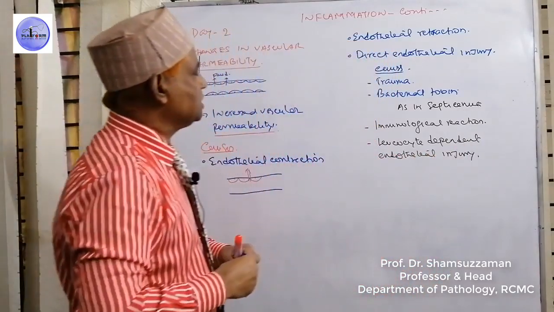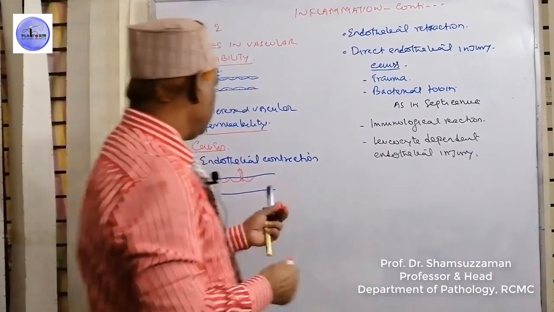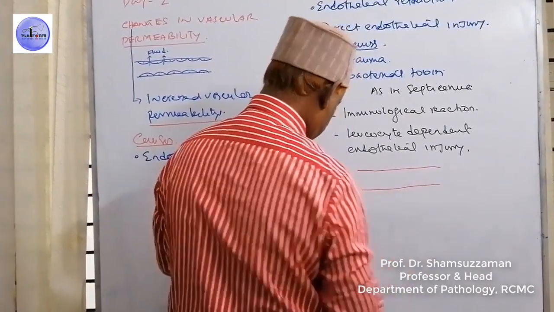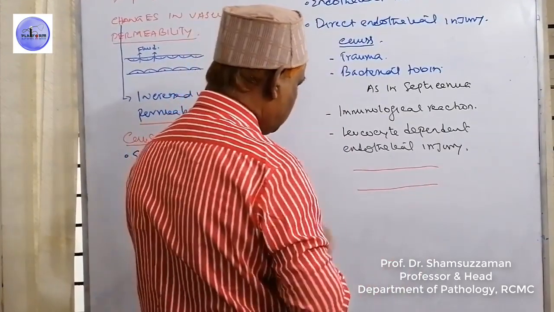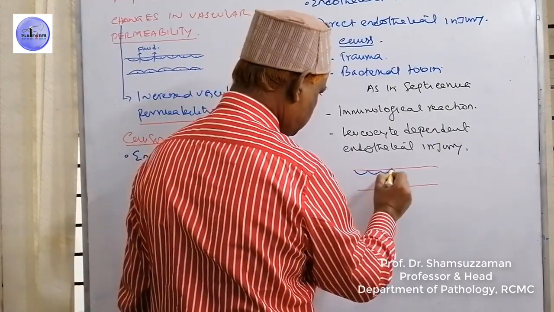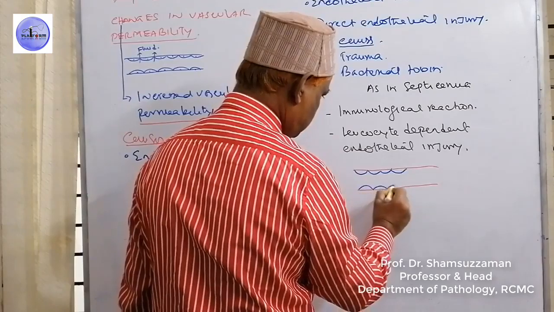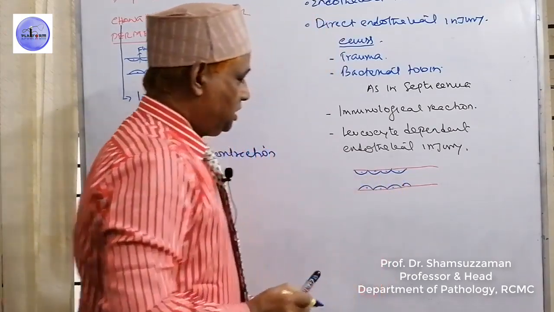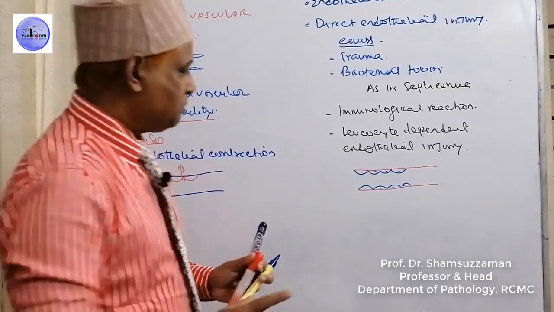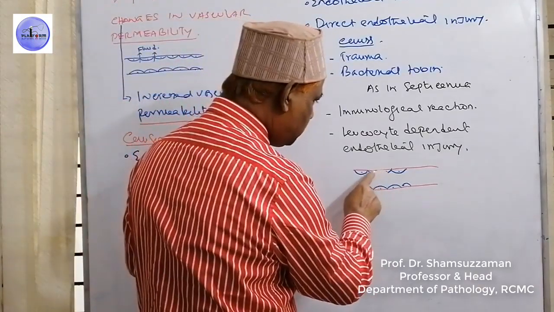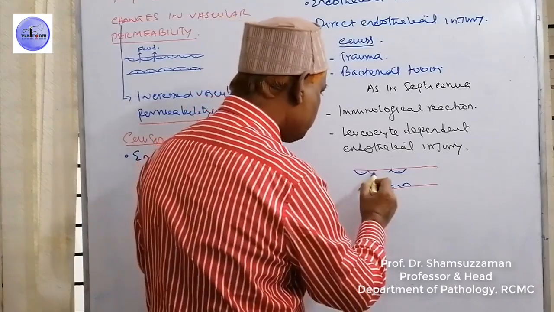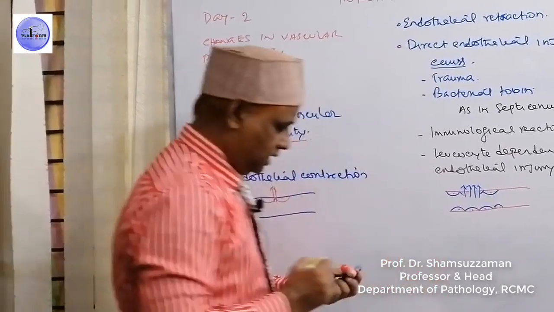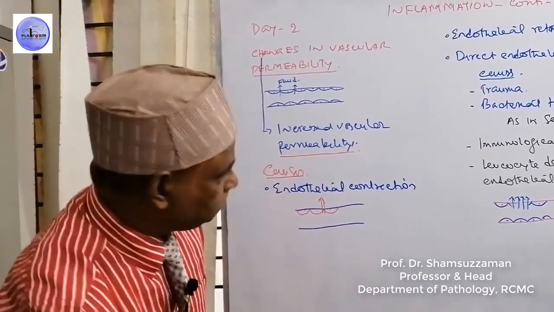So these are the causes of direct endothelial injury. If this is the blood vessel and this is the endothelial lining, and the endothelium becomes injured, whatever the cause, there is an increased gap, and through the increased gap more and more fluid comes out of the blood vessel along with plasma protein.